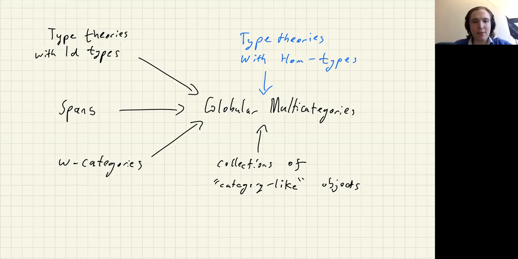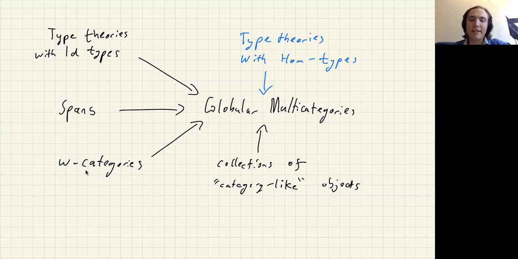So the next thing I want to do is to pin down a bit more about what sort of globular multicategories can appear from these sorts of functors. There's some extra structure that all these starting objects have, which is they have some starting structure that looks like an identity type or a homomorphism type. So in the type theory, we have identity types.